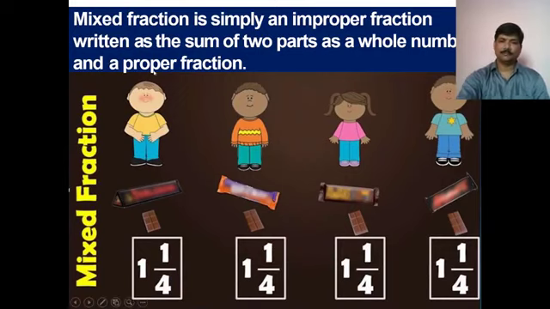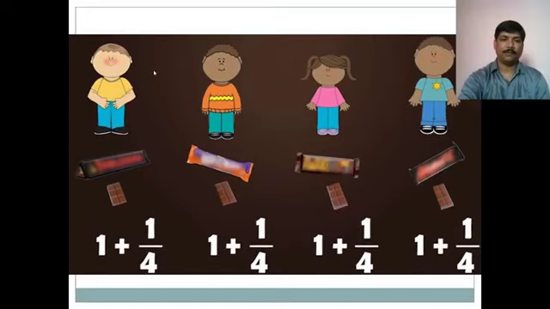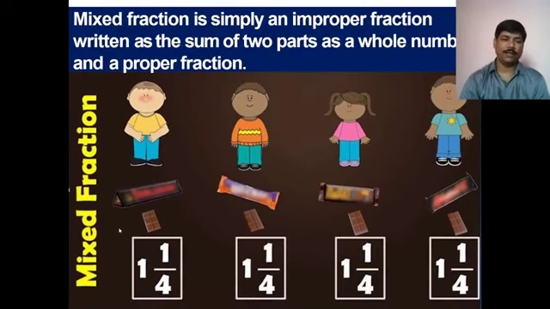Now mixed fraction. As in the previous slide, we are observing that each child is getting one whole as well as a part, which is a proper fraction. So now, a mixed fraction is simply an improper fraction written as the sum of two parts, a whole number and a proper fraction.